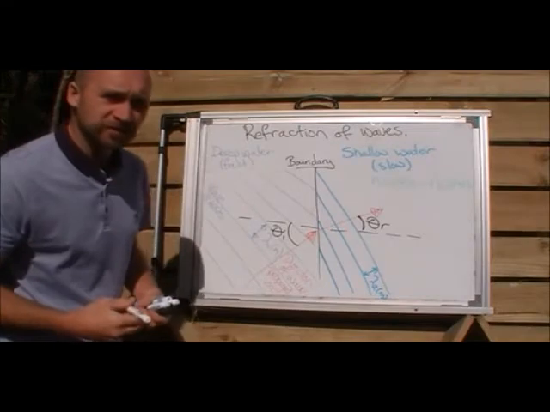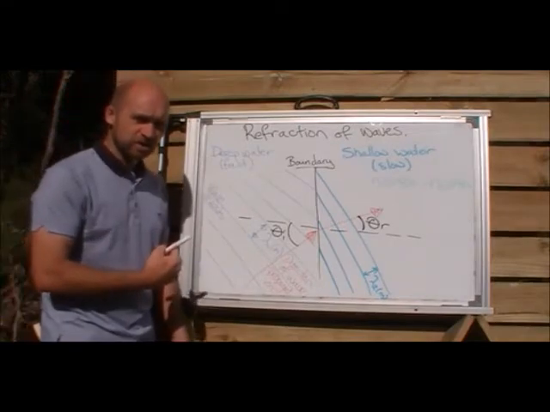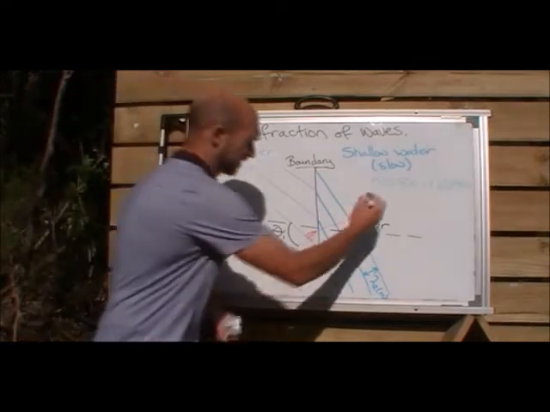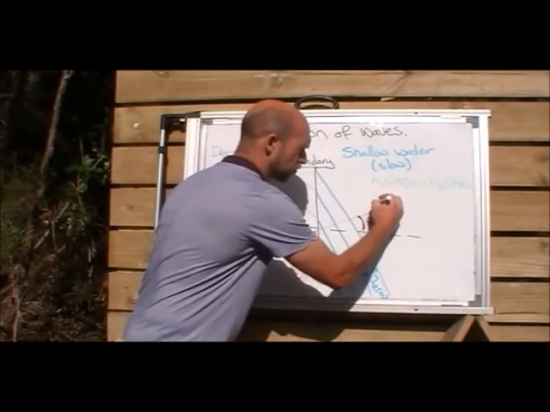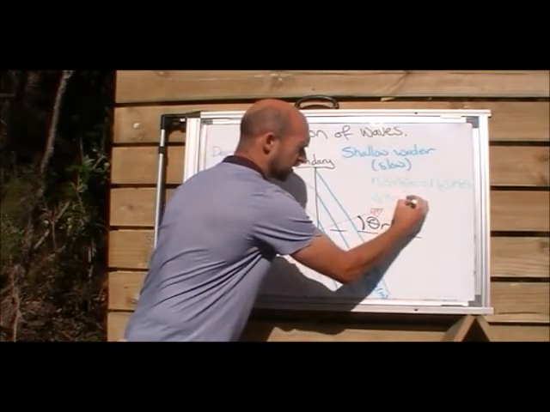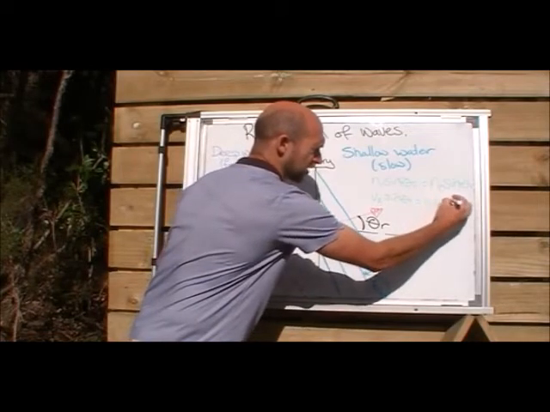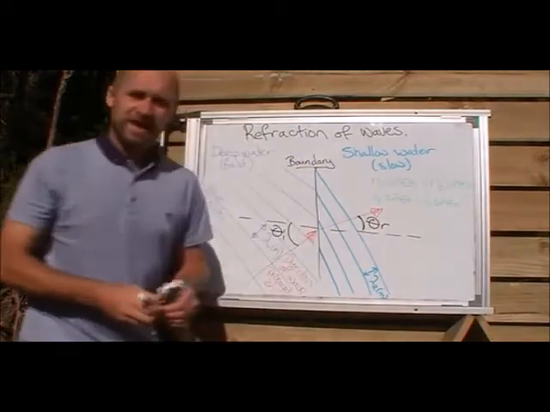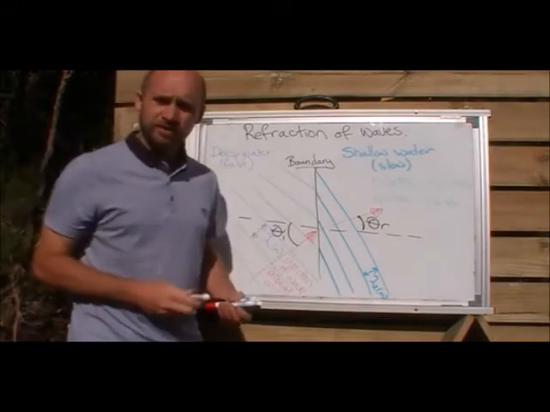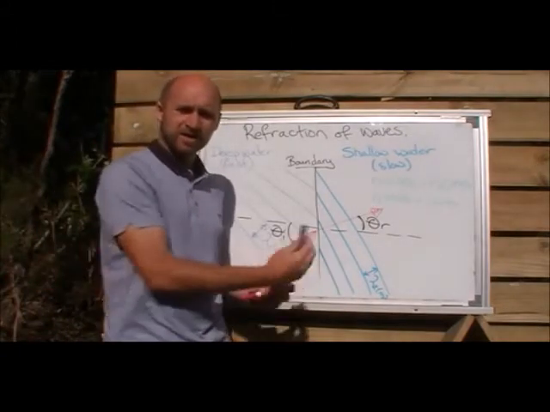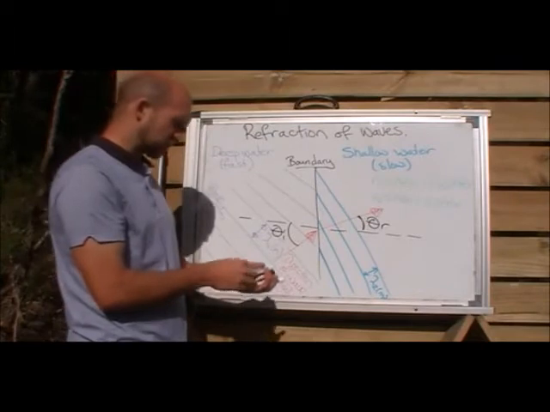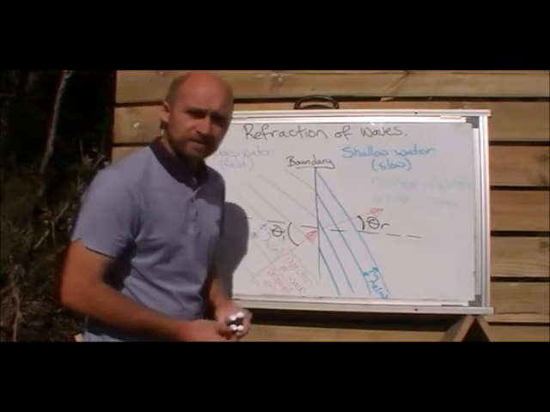It's a little bit different when we do the same thing with waves. V2 sine theta I equals V1 sine theta R. And the reason for the swapping round of the V2 and the V1, why they're on different sides, is just a consequence of the maths.